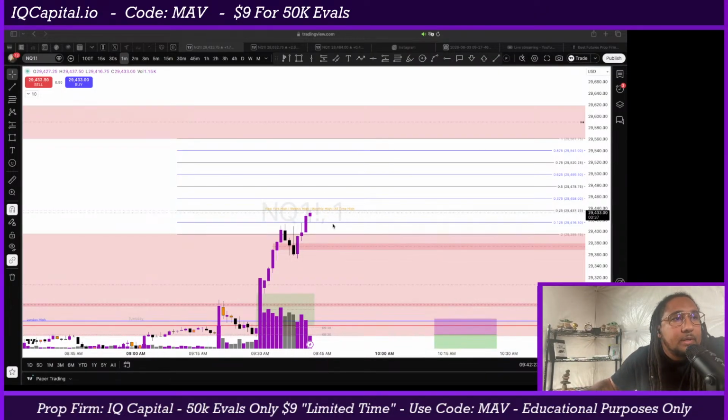So I put these gradient lines here. It looks between these two higher time frame inefficiencies, and it looks like we're working our way up.